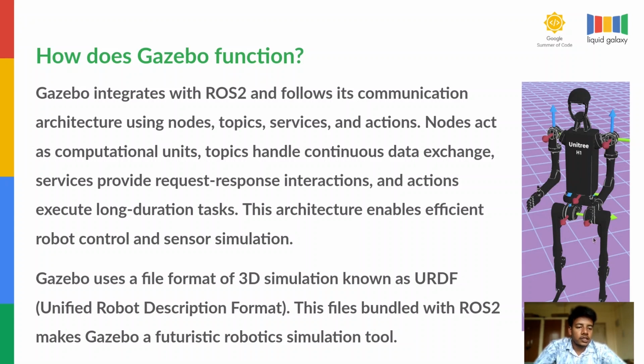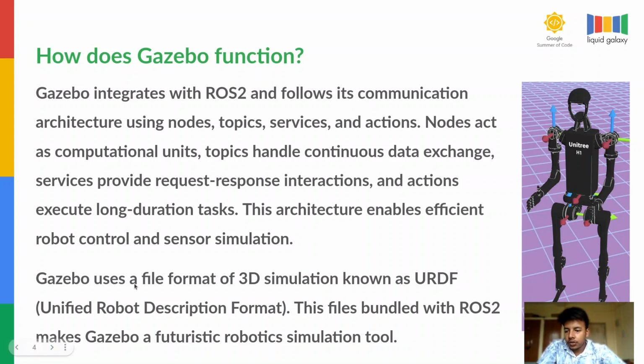This robot model, for example, if we provided some input from the outside that it has to walk, then we have to provide the input that which joint of it will move to which angle and how much displacement so that it can move accordingly, right? So by this, from outside using nodes, topics, services and actions in ROS2, we can control this robot in Gazebo. We will see everything how to do it.